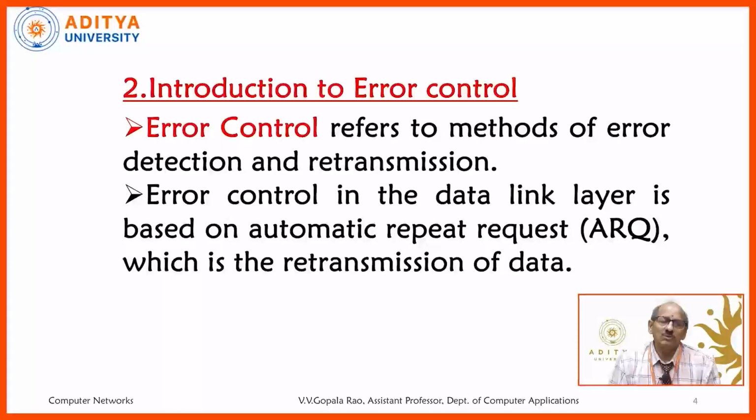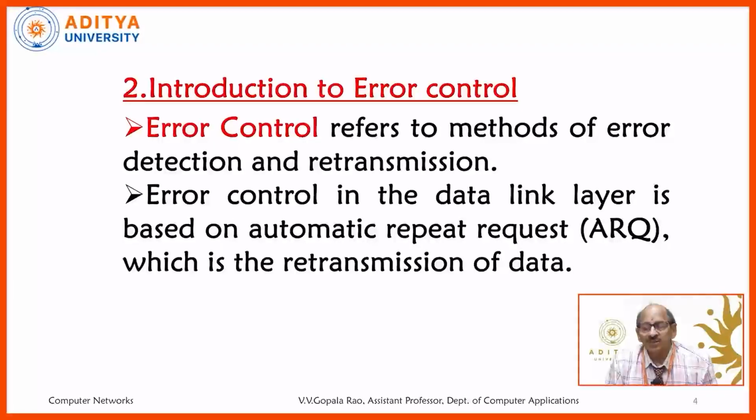Some process should be there to control or look after all these things, and that process is referred to as the error control process. Error control is based on certain steps. Sometimes you can transmit the frames again, or transmit the frames which are sent based on request.